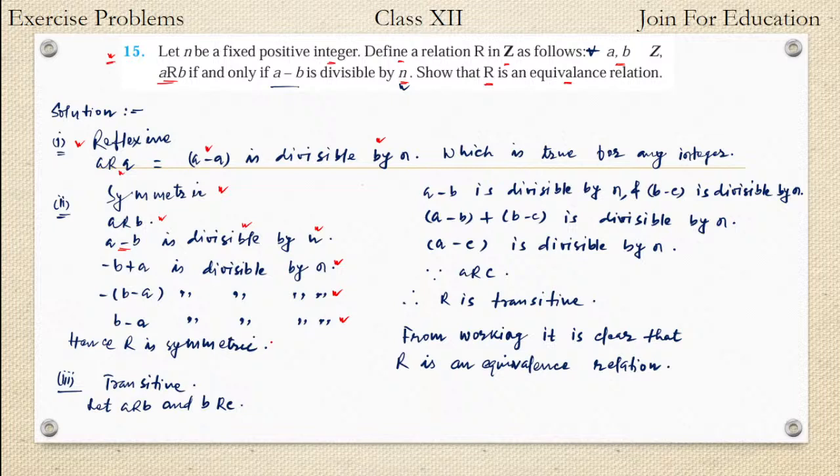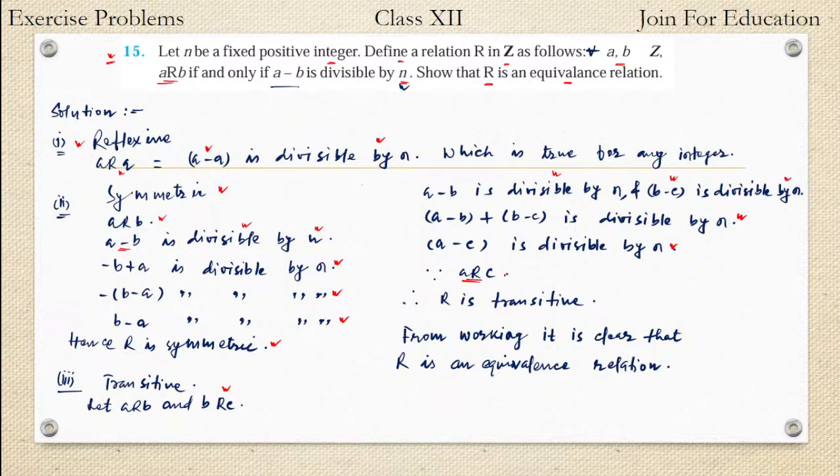Hence R is symmetric. Transitive: let a be related to b and b be related to c, which is true for any integer. Therefore a minus b is divisible by n and b minus c is divisible by n. a minus b plus b minus c is divisible by n. a minus c is divisible by n.